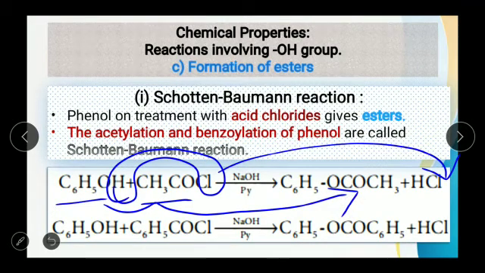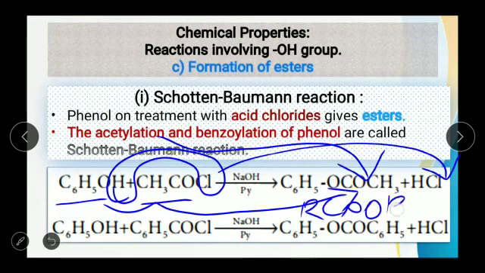So the rest, the CH3CO, the acetyl group, is attached with the C6H5O. So it becomes CH3COOC6H5. So it is named as acetylation. This is the ester in the form of RCOOR, CH3COOC6H5. So it is ester.